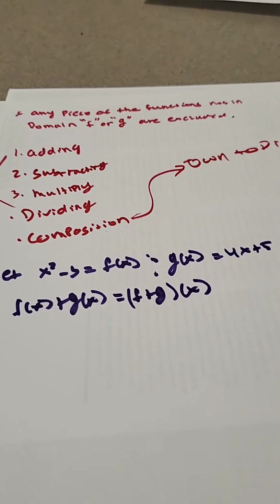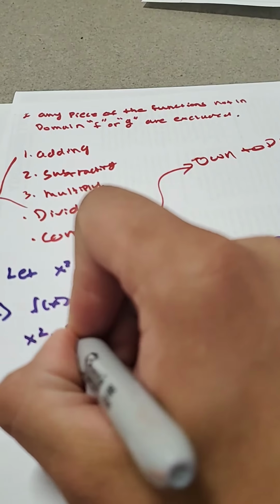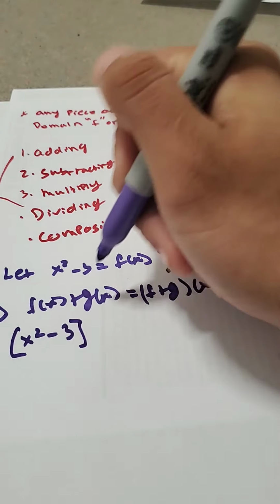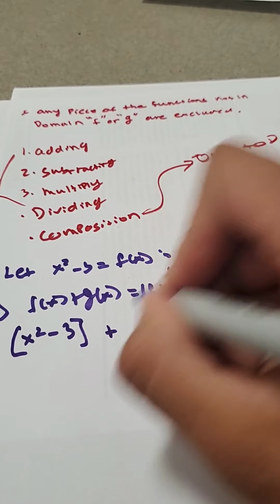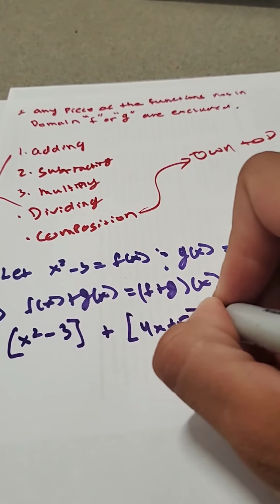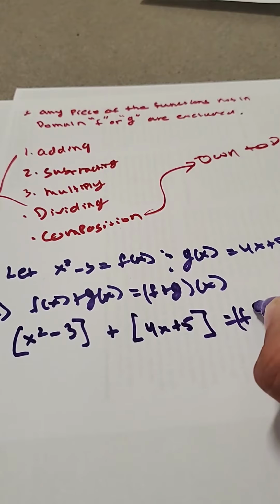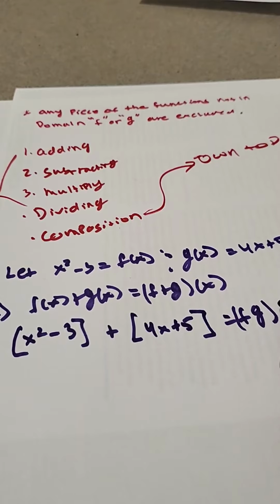So we have x squared minus 3, which is our f of x, plus 4x plus 5, is equal to f plus g of x.